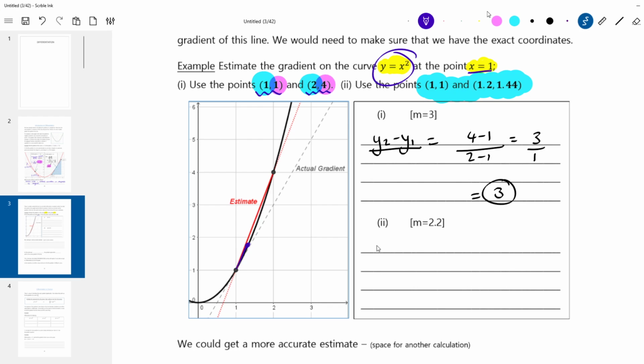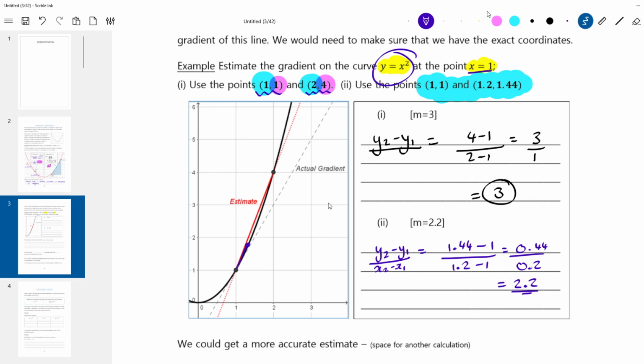It turns out if we work it out, that it does. But it's still not the actual gradient.